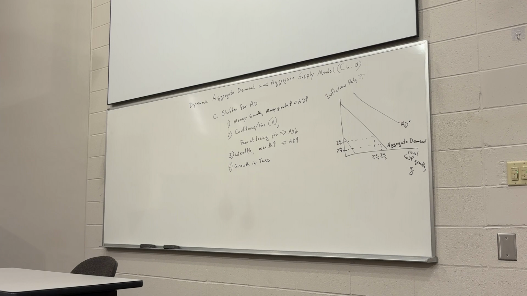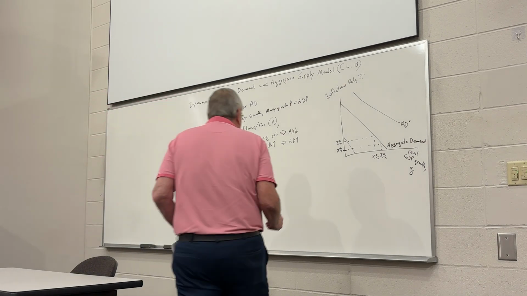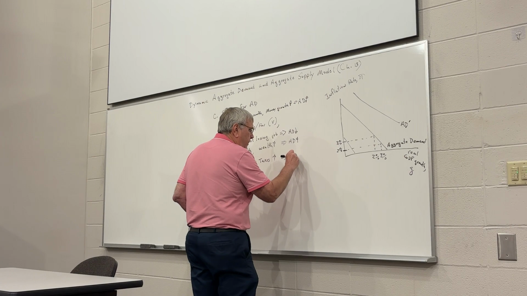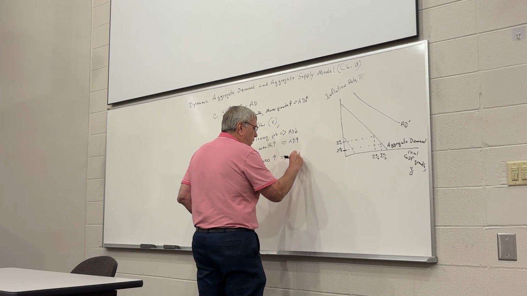So if the government takes $650,000 from him, what happened to his spending? It was necessarily $650,000 less. So if growth in taxes goes up, then aggregate demand, dynamic aggregate demand, goes down.